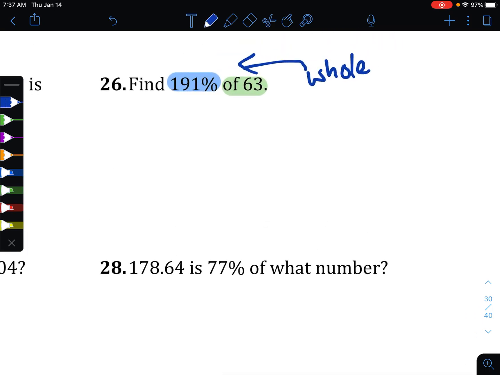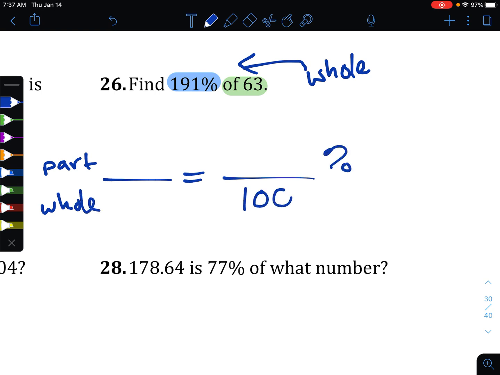For all these problems, you can solve them all the same way using a proportion. So I started it like this with the blanks. We started off with labels, part over whole, and percent out of 100. I'm going to put the 100 underneath here though. This is the way I always start these proportions.